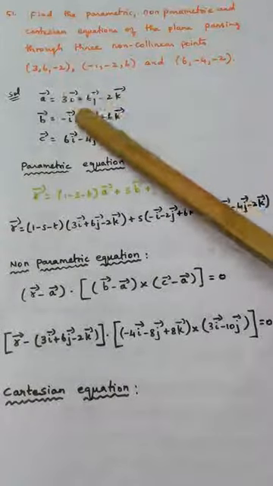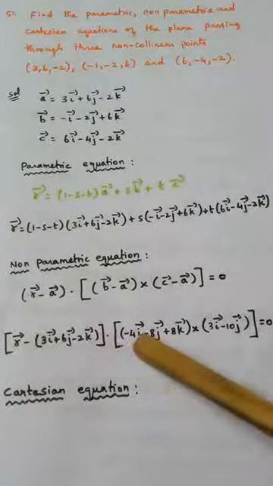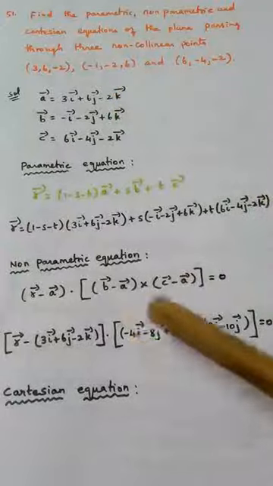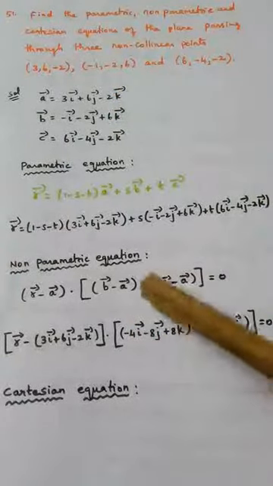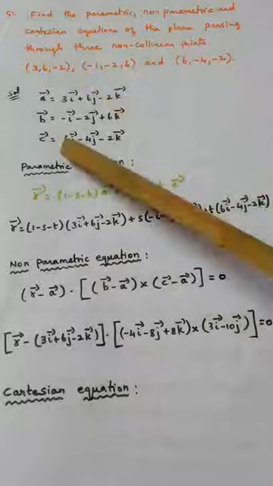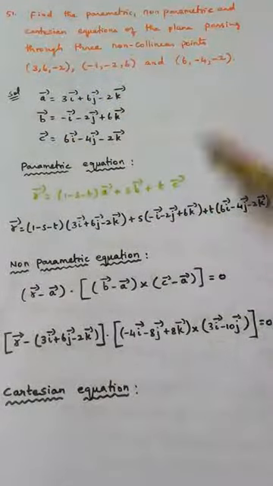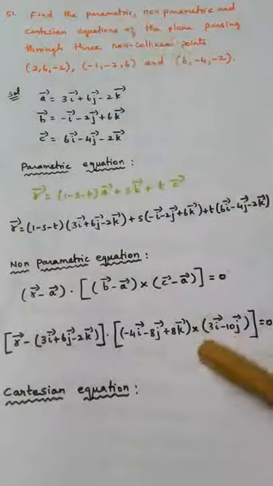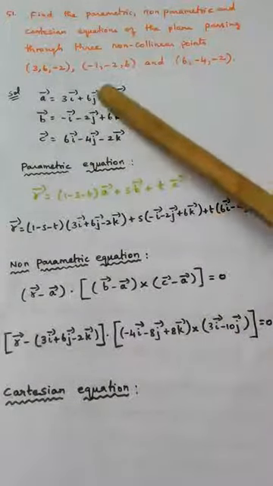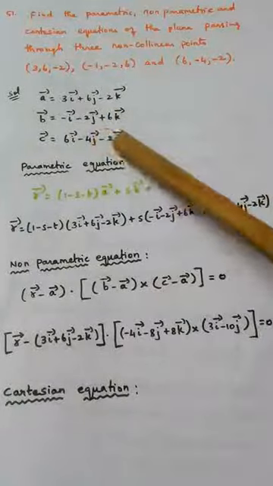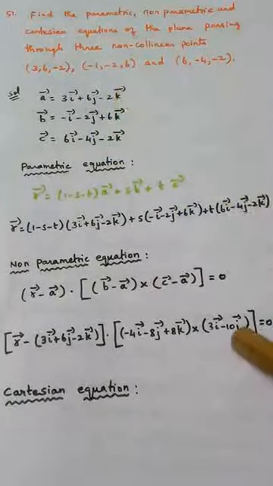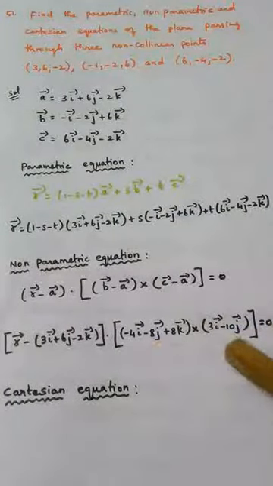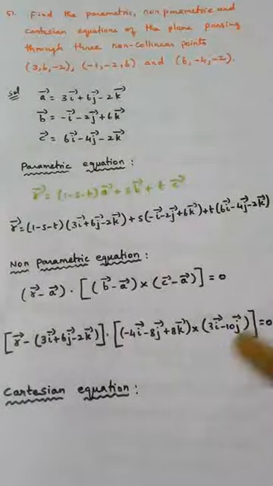Subtracting b and a, I have written the answer here, cross c minus a, subtracting c and a, writing the answer here. So this is (b minus a) cross (c minus a) equal to 0. This is called the non-parametric form. The second part gets over.